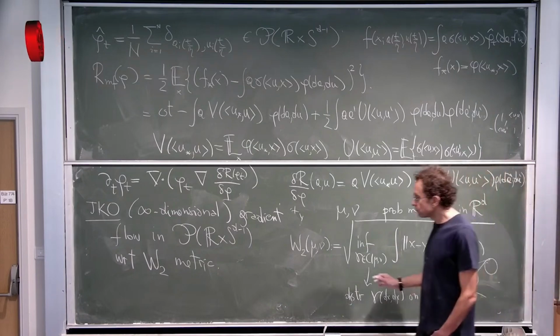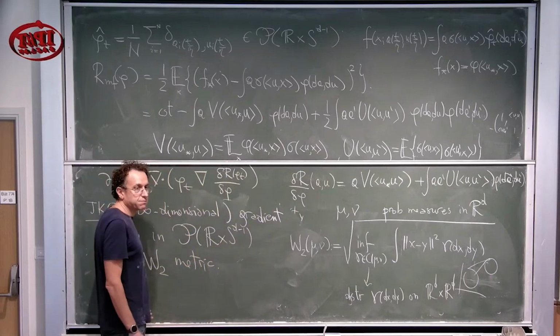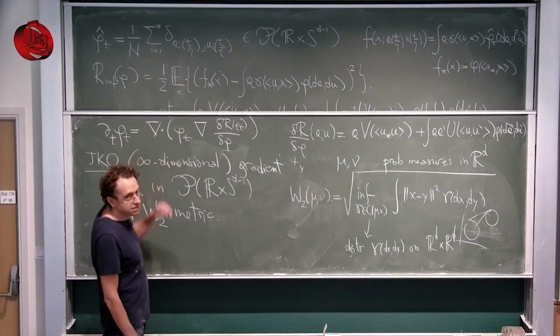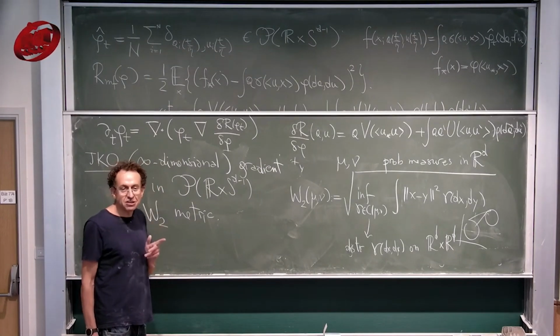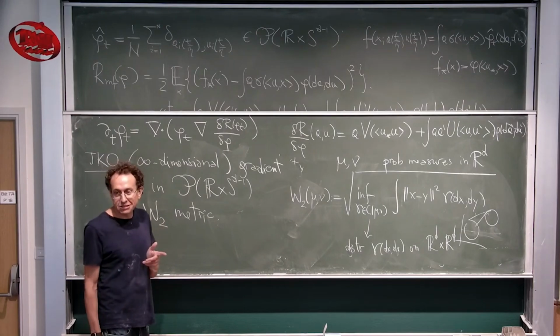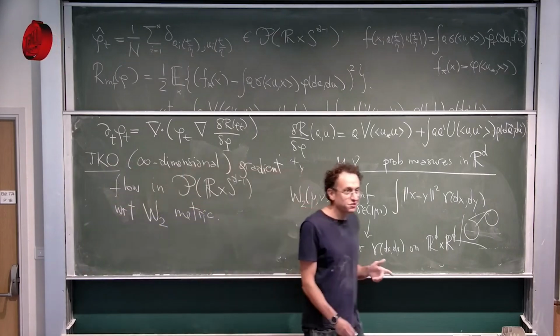And if you take this metric on this space, the gradient flow with respect to this metric, then you obtain this PDE. Now, perhaps it's not clear to everybody what it means to do gradient flow with respect to a metric. So perhaps I'll tell you that also. So that's instructive.